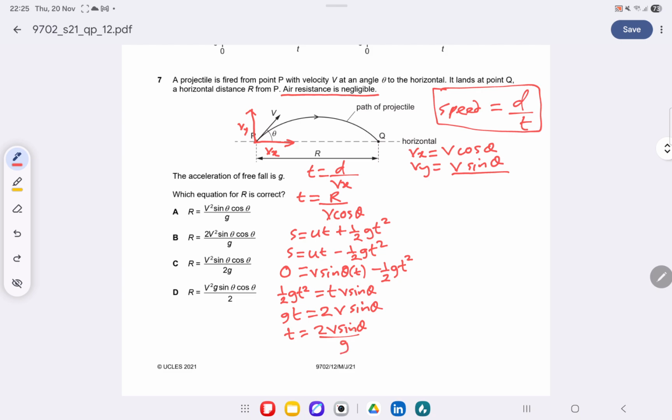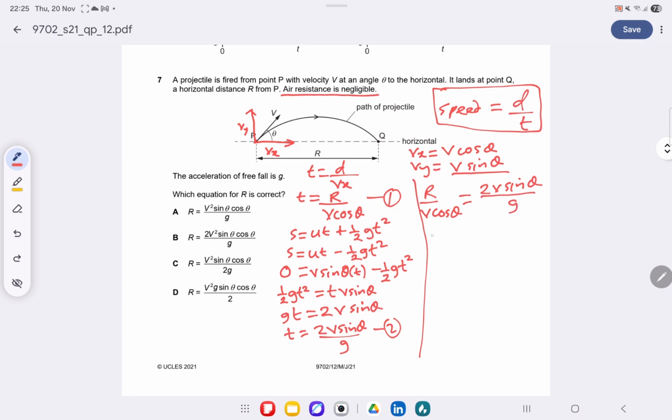So the time for the horizontal motion and the time for the vertical motion are equal. Since they are equal, I can equate equation 1 and equation 2. So I will get R over V cos theta equal to 2V sine theta over g.